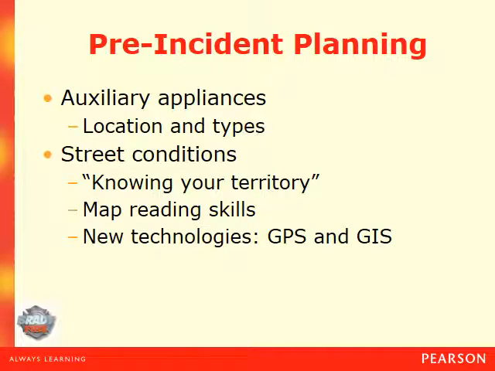Auxiliary appliances need to be considered, and with that you're looking at location and types. Where do they need to be located and what types do you need to have? Street conditions: know your territory. Map reading skills and be familiar with new technology such as GIS and GPS.